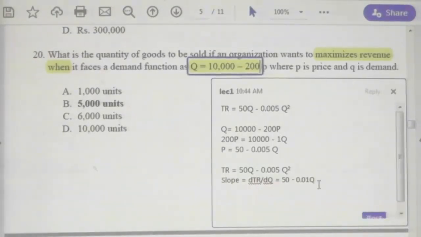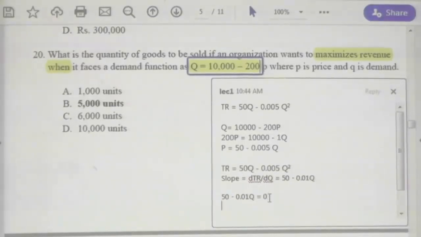Now I can say the slope is equal to 50 minus 0.02 Q. Once the slope equals 0, it is a turning point, that is a maximum point or minimum point.